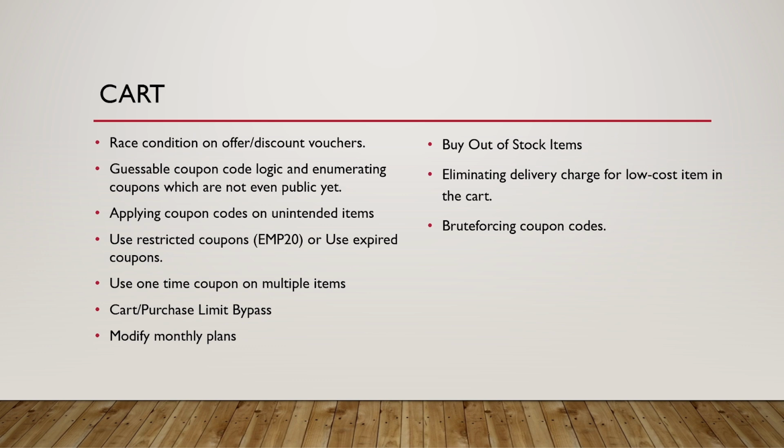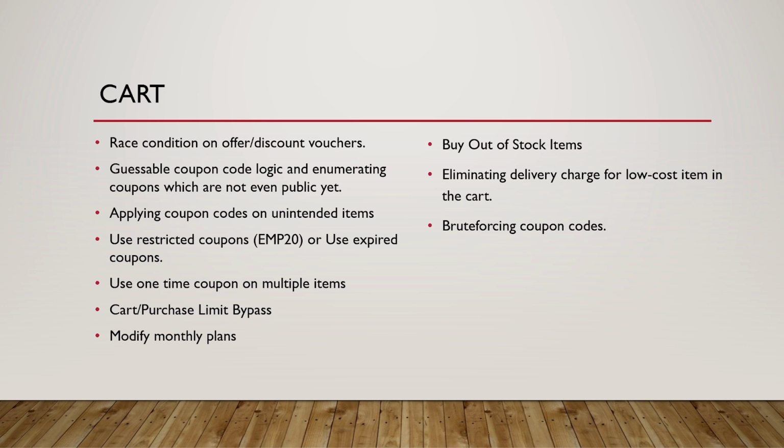Use restricted coupons or expired coupons. For example, if I'm working for Amazon and Amazon is giving special coupons to the employees, they are checking if the person applying those coupons has an amazon.com or amazon.in domain user account, which I won't have because I don't work for Amazon.